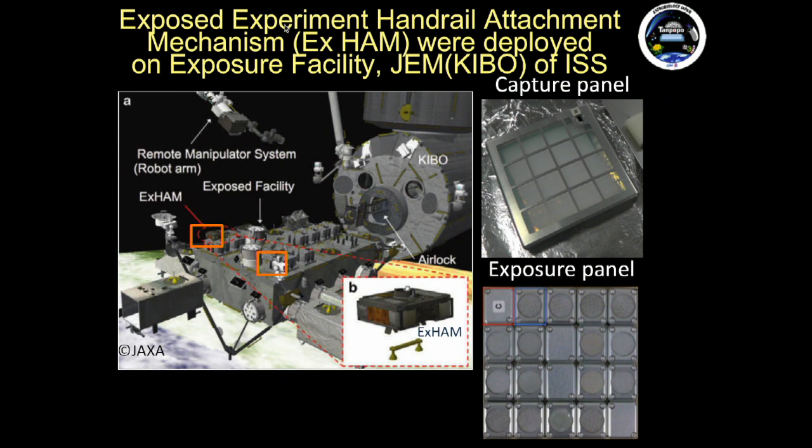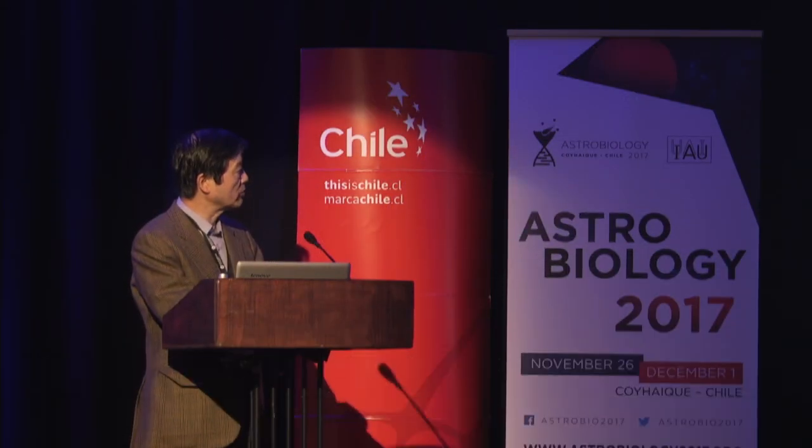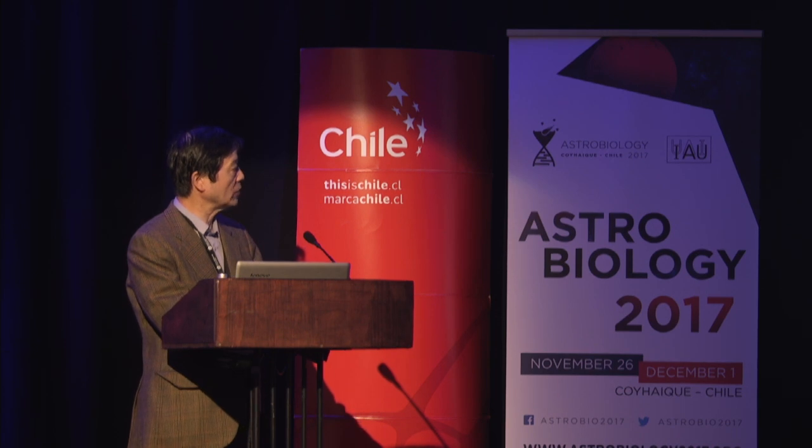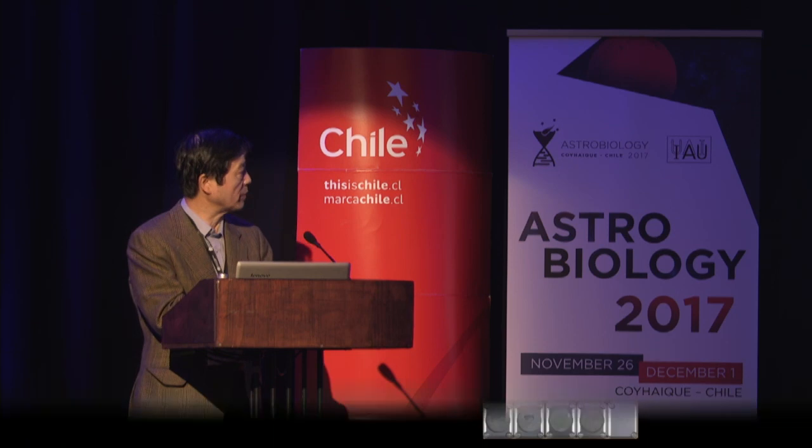A capture panel contains a soft material we call aerogel. I'm going to explain it in the next slide. And the other one is the exposure panel. The exposure panel is 10 centimeters by 10 centimeters square and composed of 20 units. Each unit contains one of the microbes or organic compounds for exposure experiments.